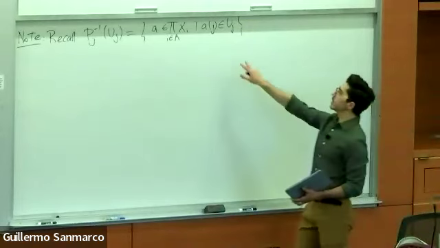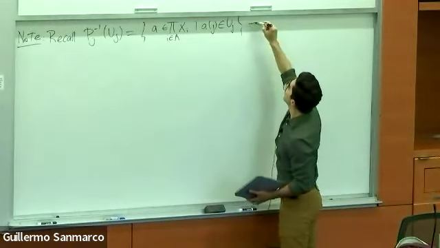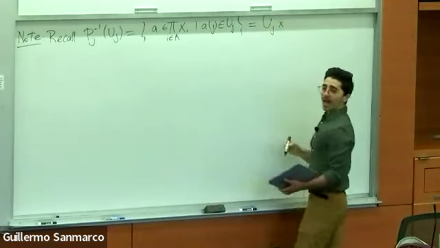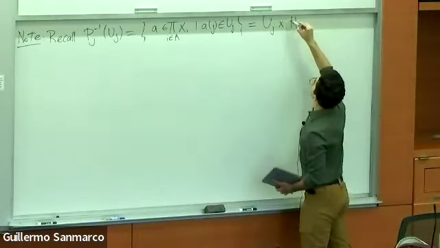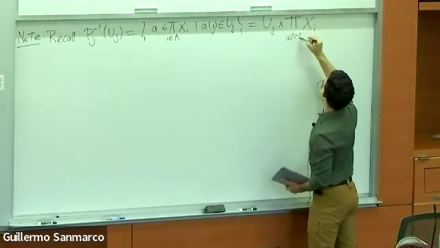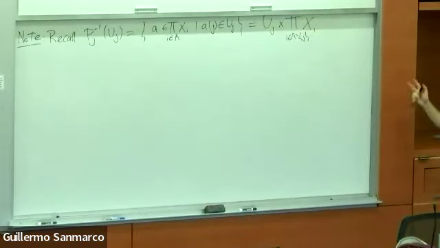So another way of writing this is I only have a restriction on the jth coordinate. So I could say this guy is just Uj times all the other X's. And I'm doing weird things with the order here, but we allow that when we have infinite sets.